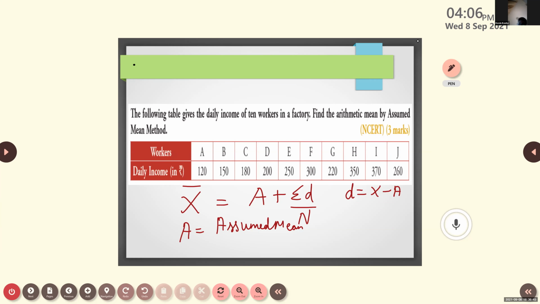Ma'am, 300. Okay. Did you get all the D? No, ma'am, I'm doing. What about Sanam? Which number you took? Ma'am, 120. You got the total as minus 1200? Not minus, ma'am. Okay, 1200. Did you get the total of D?